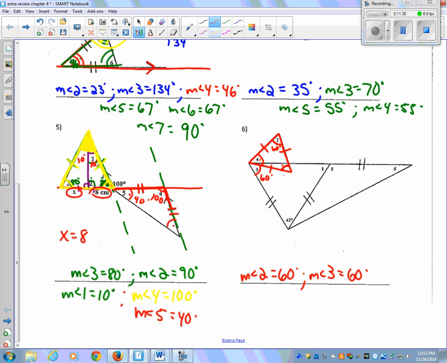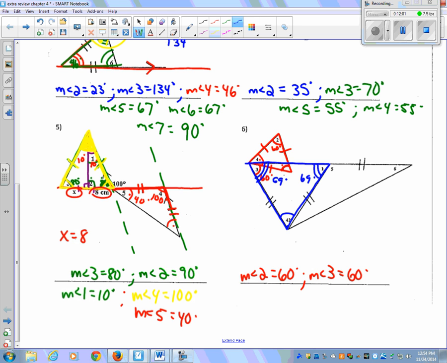And if we look at this next triangle, I'm going to hold off on angle 4 for a minute. Look at this next triangle. This is 42 degrees. So 180 minus 42, and then cut into two congruent pieces, these each have to be 69 degrees. The whole thing is 69 degrees.